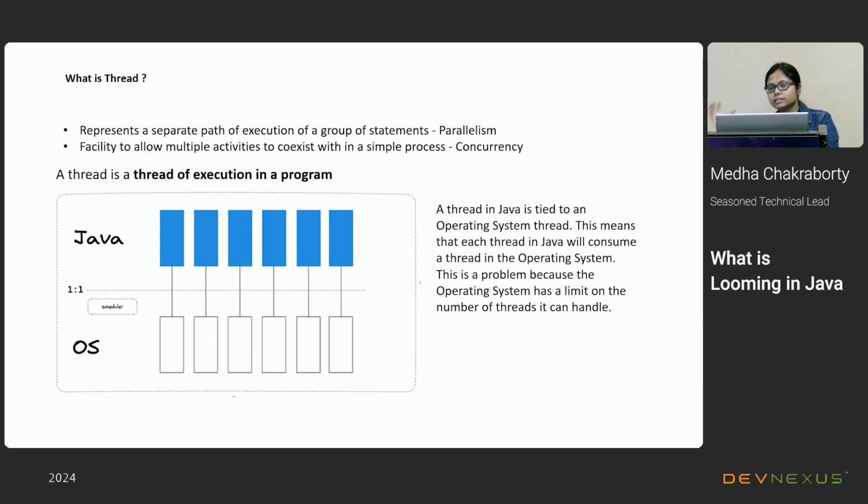So Java is actually built and wrapped around those kernel threads, mapped one to one. So till now, the threads we have been working with are known as platform threads. And these threads are mapped one-to-one with your operating system threads.